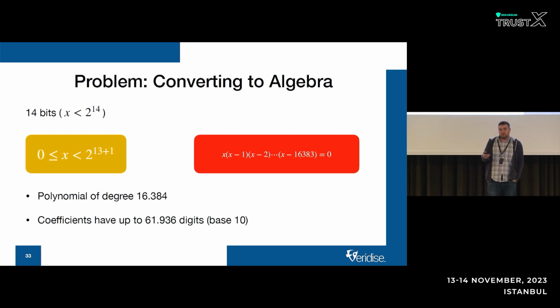And this is a polynomial of degree 16,384 with coefficients of sizes over 60,000. So that's why the SMT solver has problems, because converting into algebra makes things difficult, since that's not the right way to deal with such a simple inequality.